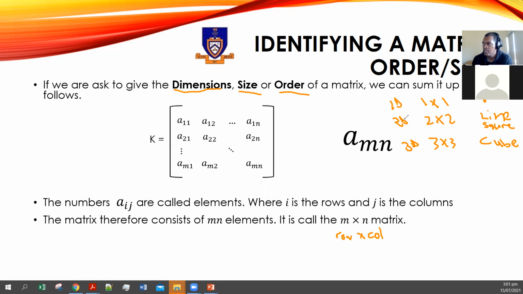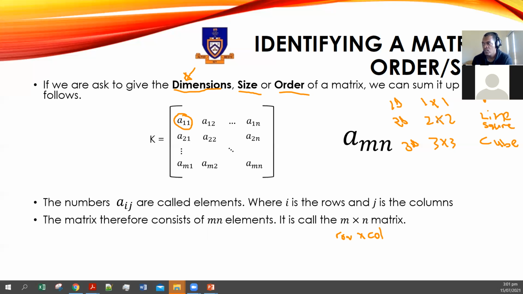The D's that you will see in most of the things refer to the dimension: 1 dimension, 2 dimension, 3 dimension. In matrix representation, a 1 dimension is just 1 row, 1 column. A 2 dimension will be 2 rows, 2 columns, or also 2 rows, 1 column.